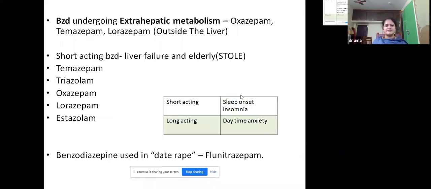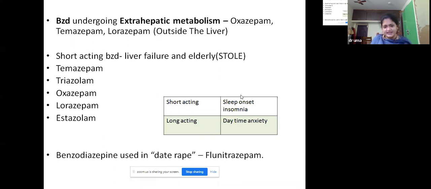The benzodiazepines which undergo extrahepatic metabolism, that is outside the liver, remember OTL, outside the liver: oxazepam, temazepam, and lorazepam. The short-acting benzodiazepines, remember TOLE: temazepam, triazolam, oxazepam, lorazepam, and estazolam.